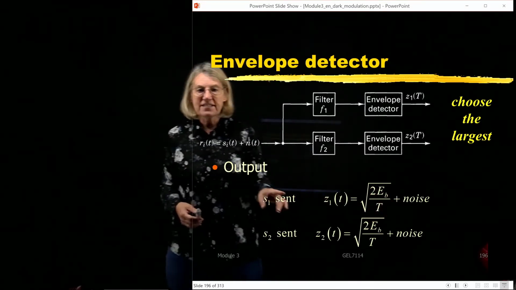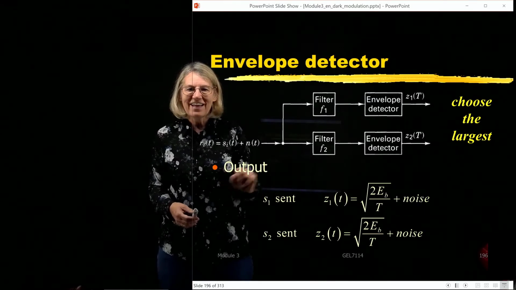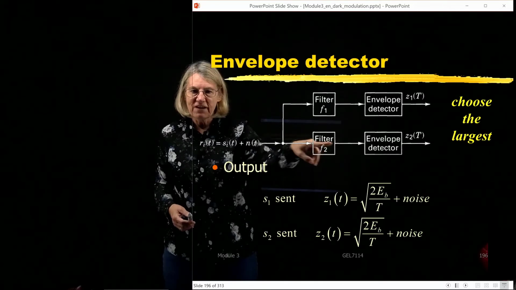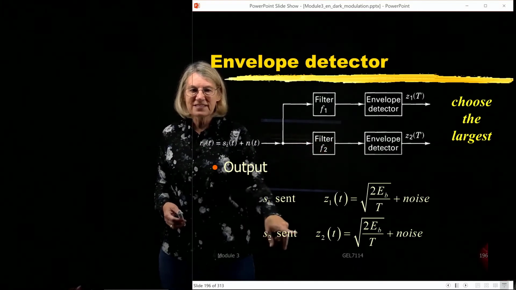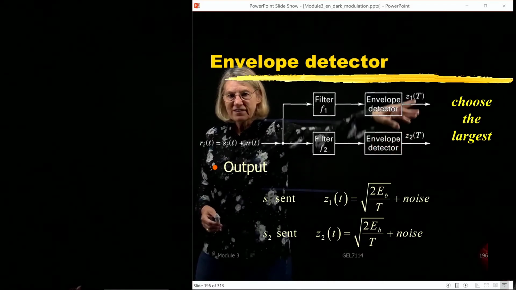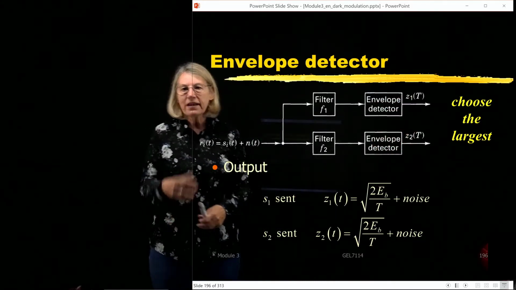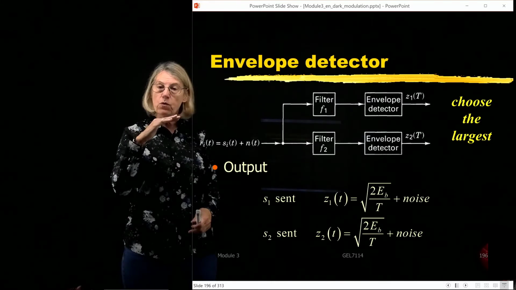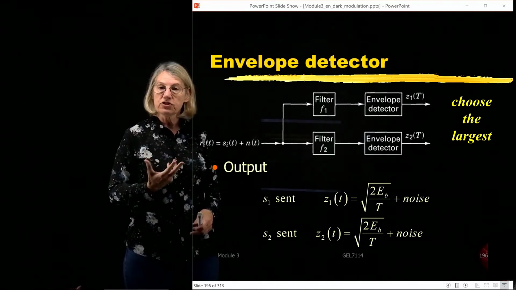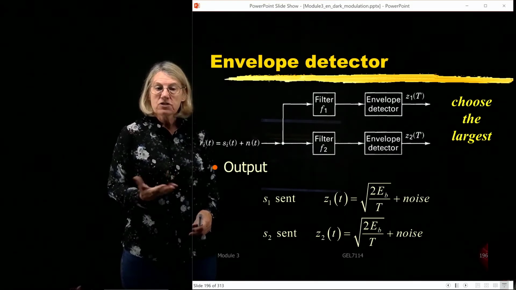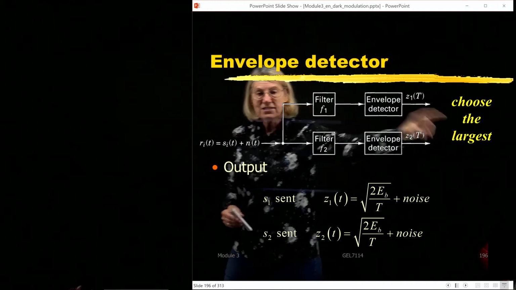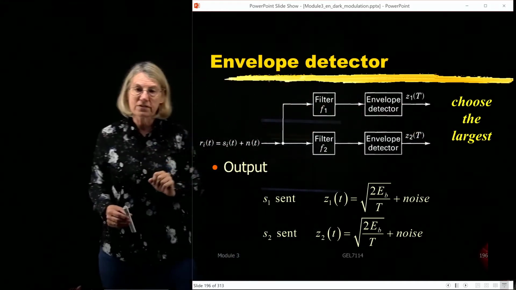Of course, if I sent S2, then the output here would be just noise. Now here, the output of F2, when S2 is sent, of course I have energy plus noise. So here, we have two statistics, and depending on which is occupied, one will be noise only, and the other one will be noise plus some energy, which is the symbol that is present. So my strategy, when I use this kind of structure, is to choose the largest at the output.